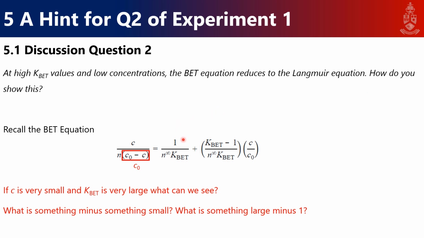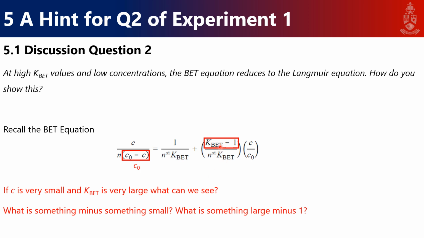Then again, we look for our next linear operation. That's a division, we can't really say anything there. That's a multiplication. There's another division. There's a multiplication. But here is another linear operation, and now KBET is very large.